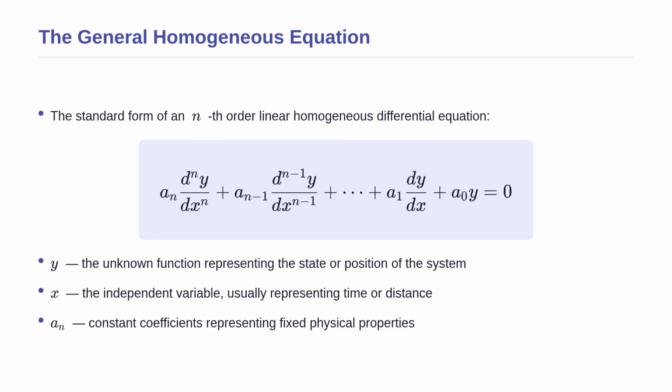The terms with fractions are the derivatives, telling us the velocity, acceleration, and so on. The symbols a_n down to a_0 are our constant coefficients, representing those fixed physical properties like mass or resistance. If we increase a coefficient like mass, the system becomes more sluggish. Because it equals 0, we know it is homogeneous.